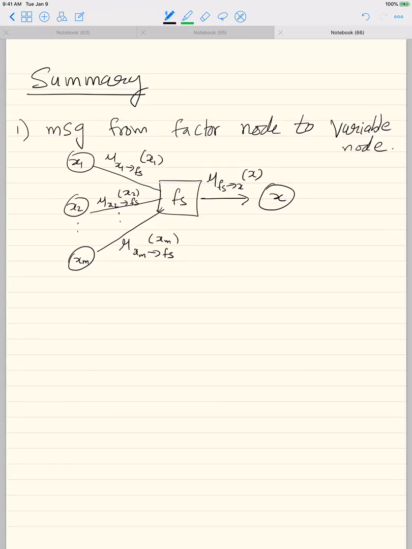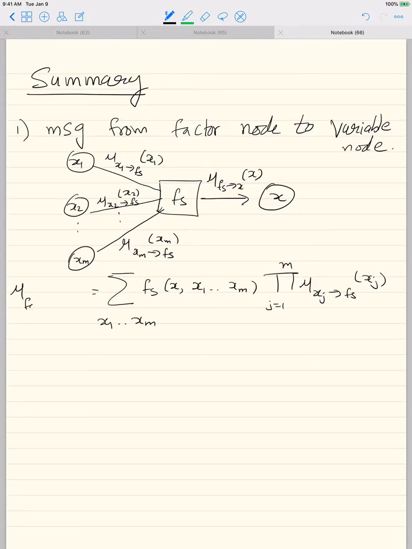Then what we have to do is multiply all these incoming messages along with the function associated with fs. So we take fs of x, x1 to xm, and multiply them with the product over j equals 1 to m of mu of xj to fs of xj, and we sum over x1 to xm. This is the message from fs to x at point x.